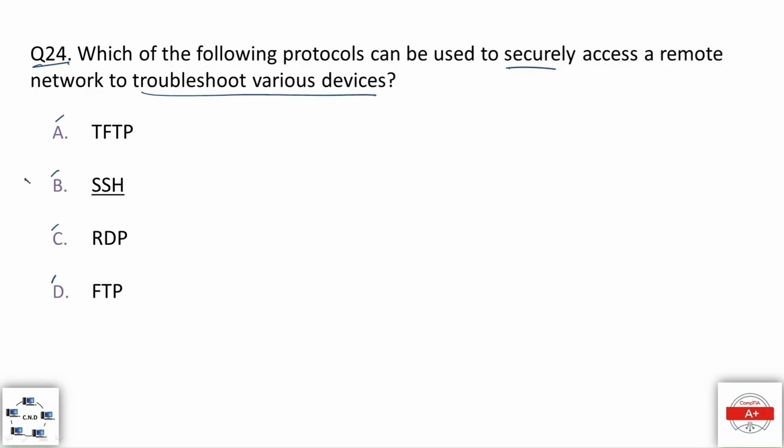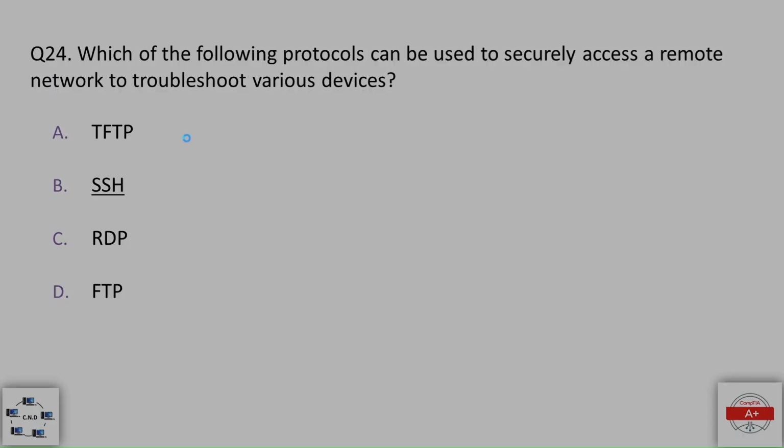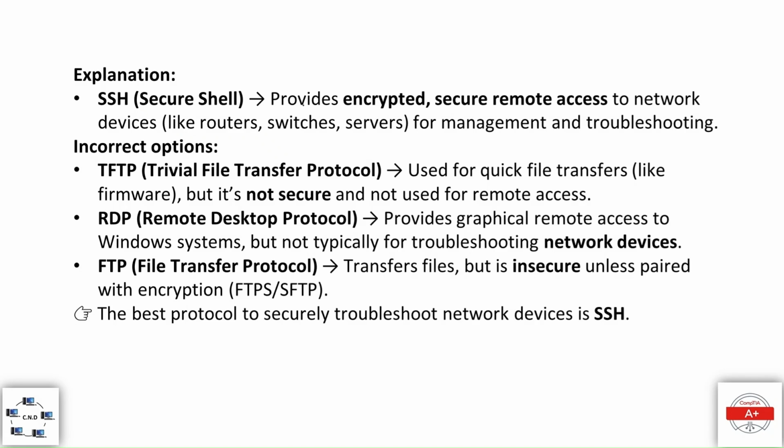Right, it is option B, SSH, and the explanation is: SSH, Secure Shell, provides encrypted, secure remote access to network devices like routers, switches, and servers for management and troubleshooting. Incorrect options: TFTP, Trivial File Transfer Protocol, is used for quick file transfers like firmware, but it's not secure and is not used for remote access.